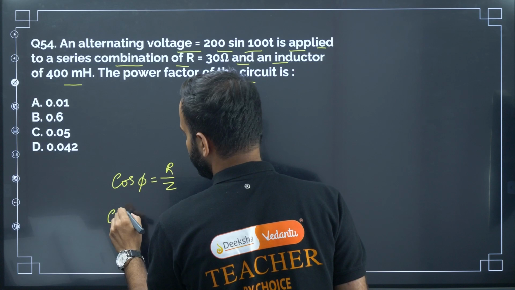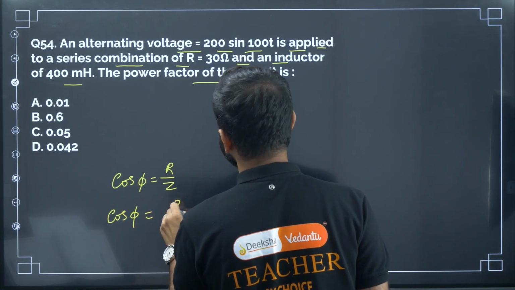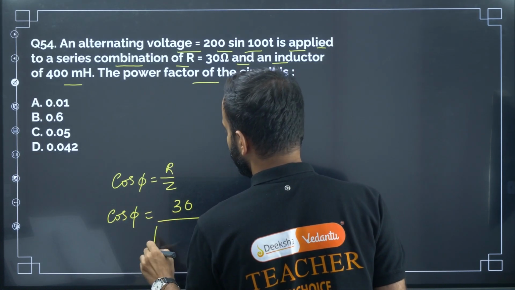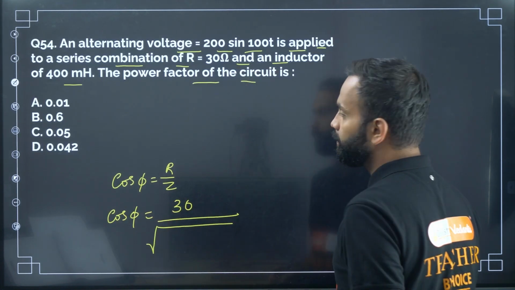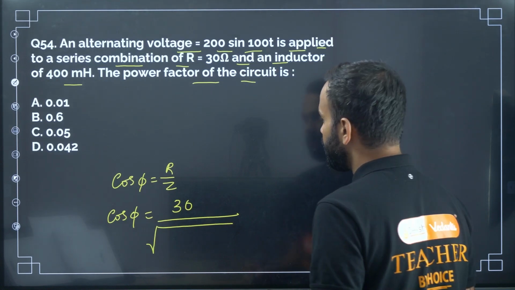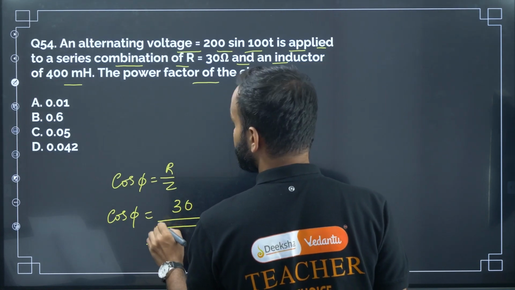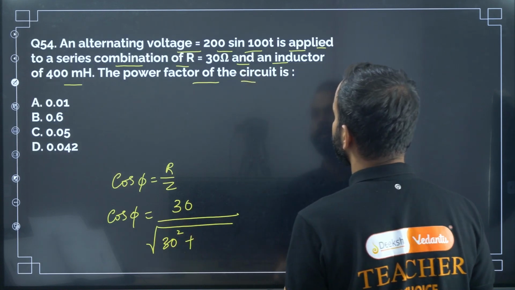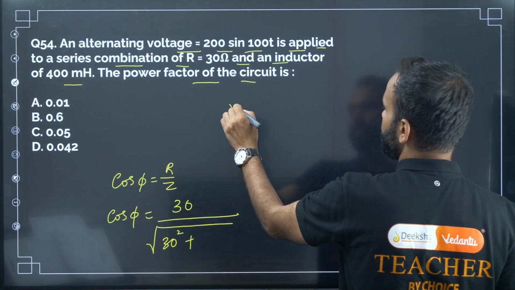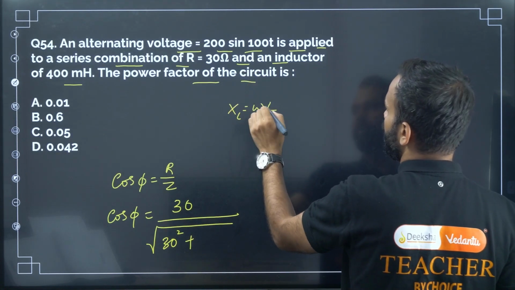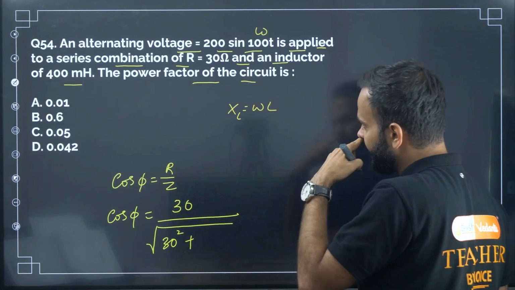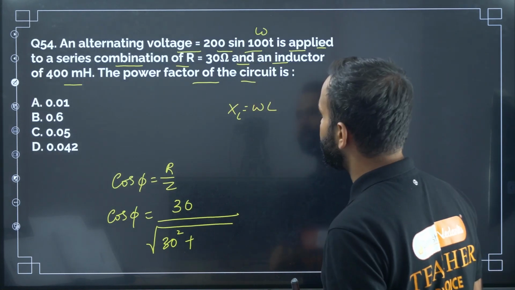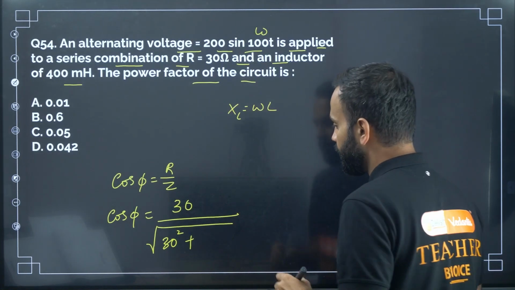So cos phi is equal to R, that is 30 ohm, divided by Z, root of R square plus XL square, right? R square, that is 30 squared plus XL square. So XL is omega into L. Omega is 100 radian per second, L is 400 millihenry.